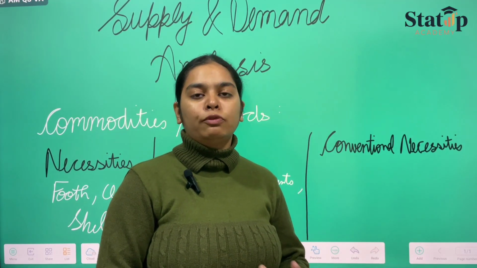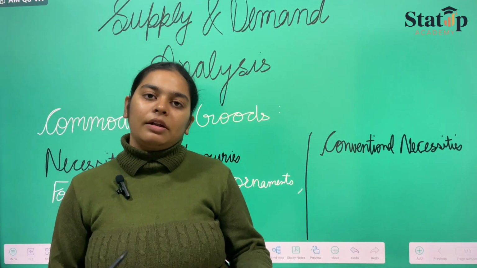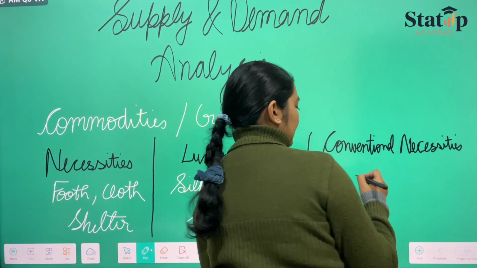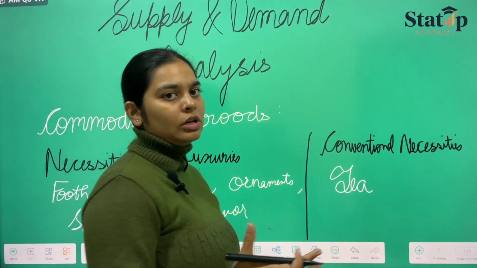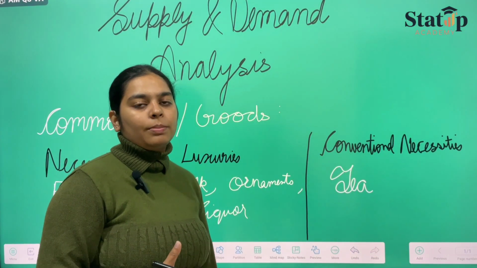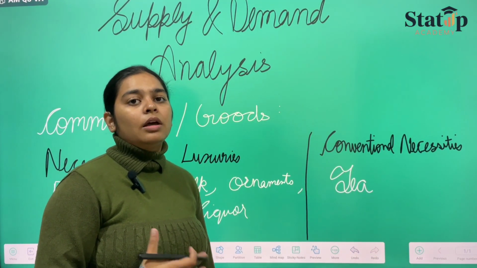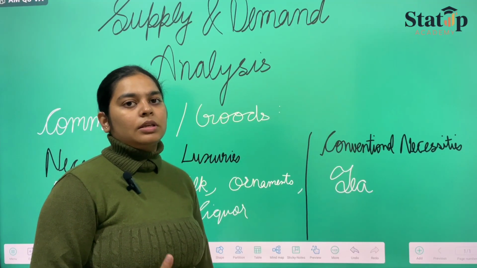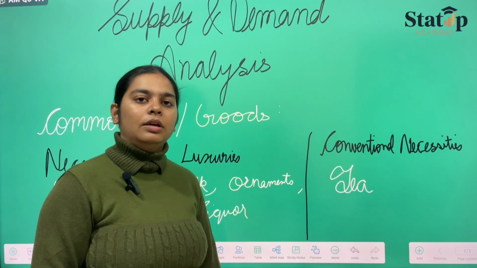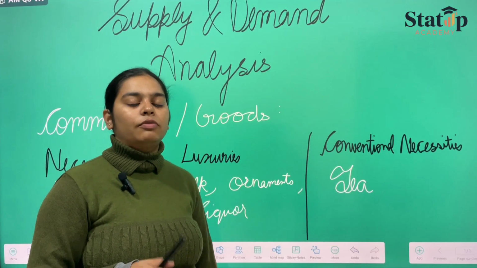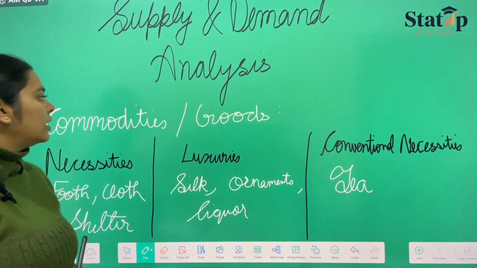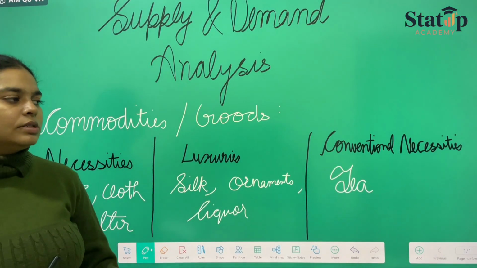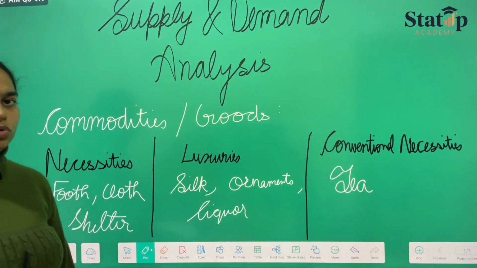For example, tea. In India, tea is a very conventional necessity because most people drink tea on a regular basis, and as soon as they wake up, they need tea. For someone else, it might be coffee. These are the types of commodities that you should know.